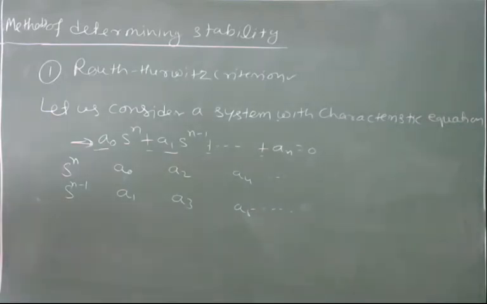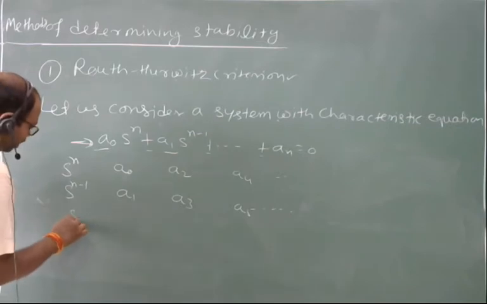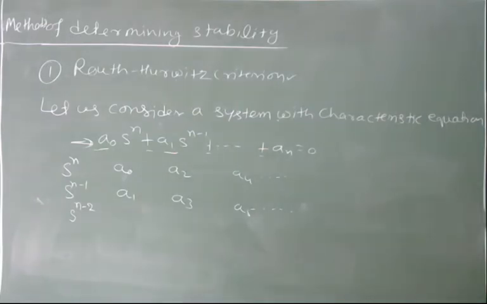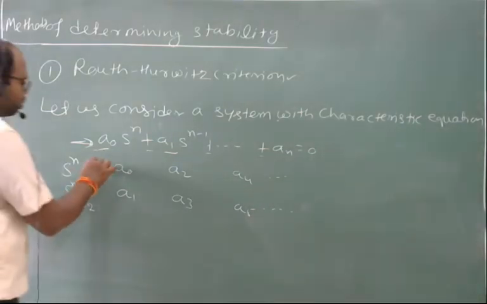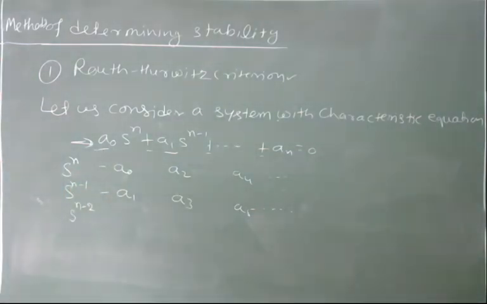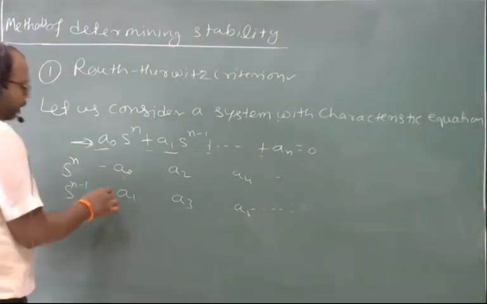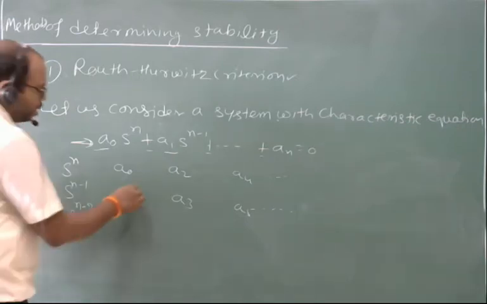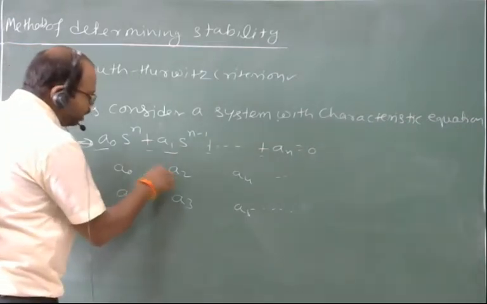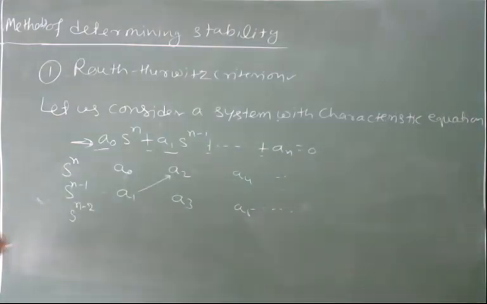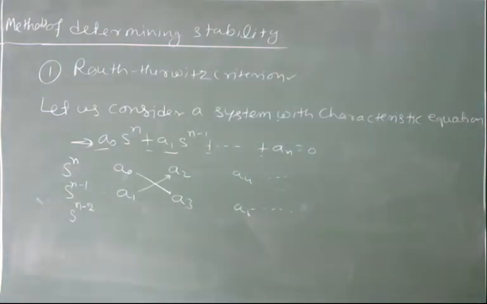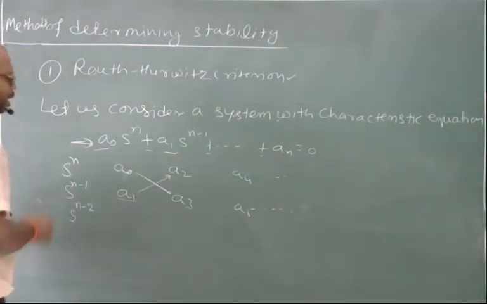Now the next power is n minus 2, and the elements of this row can be calculated from these two rows. And how can I calculate? To calculate the first element here, I will multiply a1 to a2 and then multiply a0 to a3 and subtract these two values, and then I will divide this value by a1.